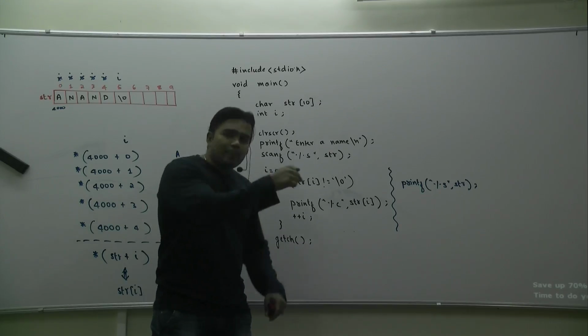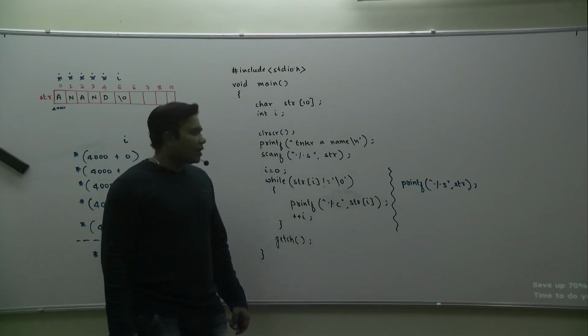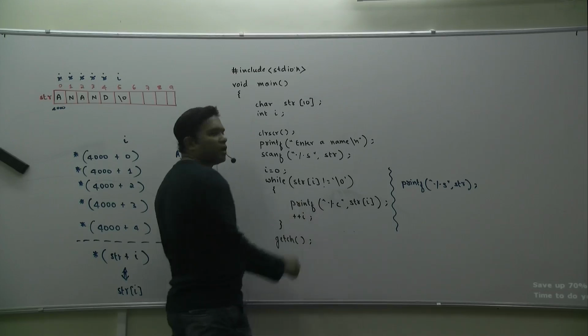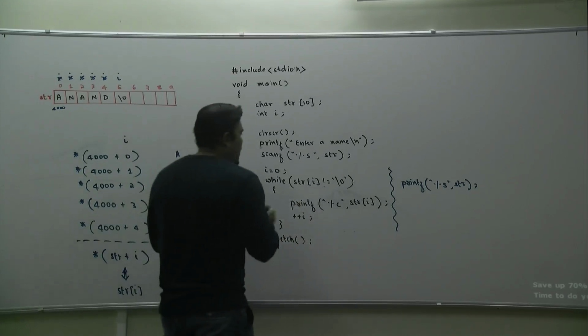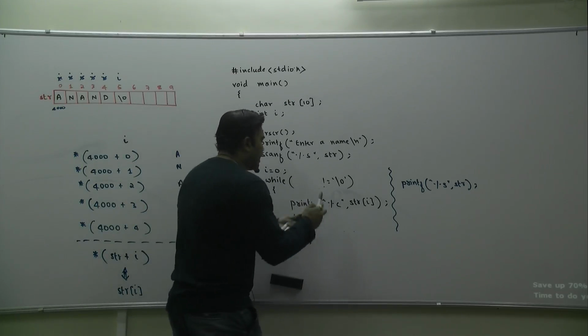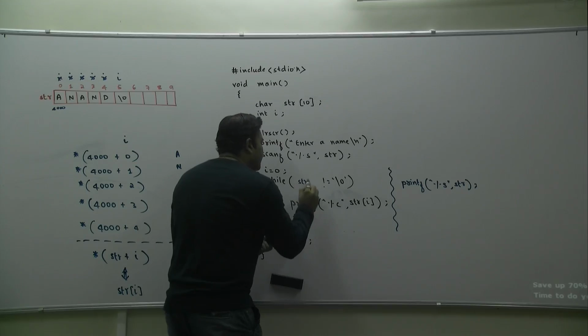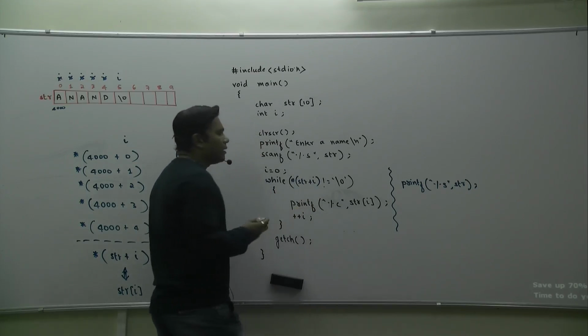To that location, penetrate, so star. If you ask, sir, can I replace this str of I with what you are telling? You can replace. Who told you that you can't? Str of I, I can tell it as star of str, the base address, plus I, its content. Not an issue.